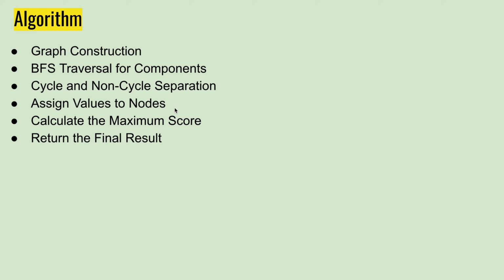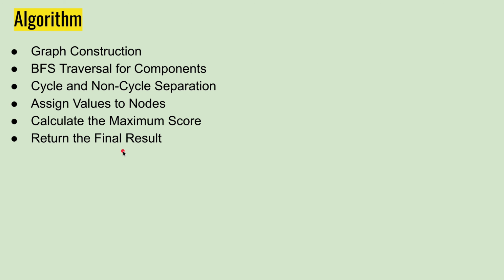And for a non-cycle component, we'll assign the values to maximize the edge product. Then we have to calculate the maximized score. For each component, either cycle or non-cycle, we'll calculate the sum of the S values, where each is the product of the values assigned to the two nodes it connects. And finally, we'll return the result.